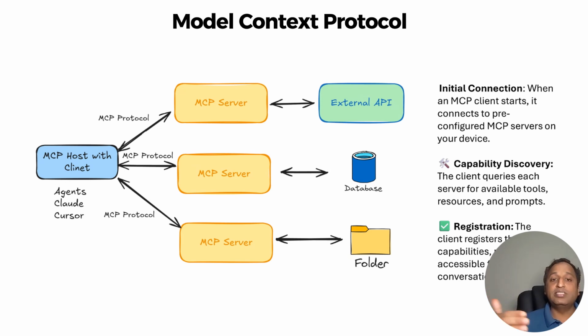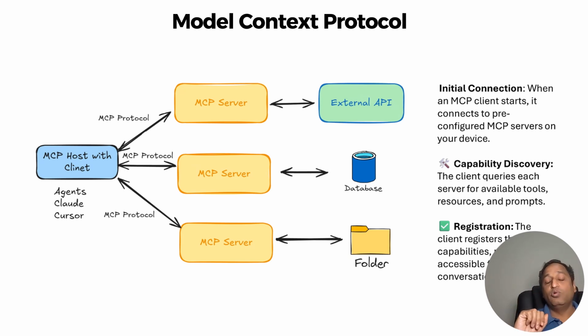MCP server 2 will say, hey client, I am MCP server 2 and I have a tool called database tool, which helps you get data from a local database about sales information. How does this happen? Because of the specification you provide in the tool method. I'm going to walk you through that. You need to tell in the docstring of the method what the method's capability is, so that the agent will understand it and register it.